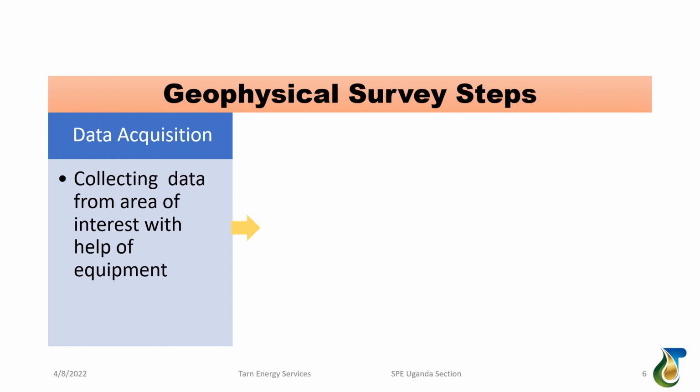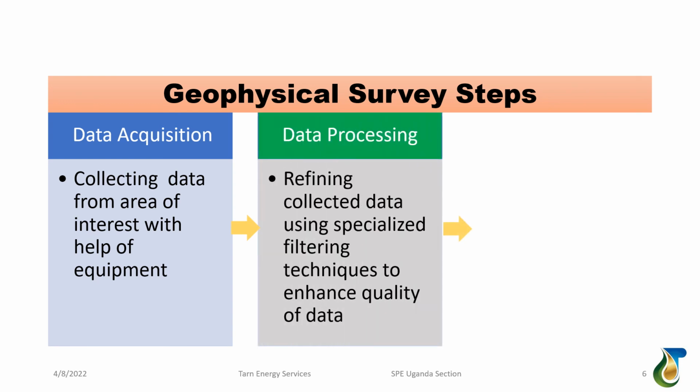Other equipment may not be directly for recording the data, but may give you enough information to supplement the data you're getting, like the GPSs. It's not going to acquire seismic data, but as you're acquiring the seismic data, you need those locations.